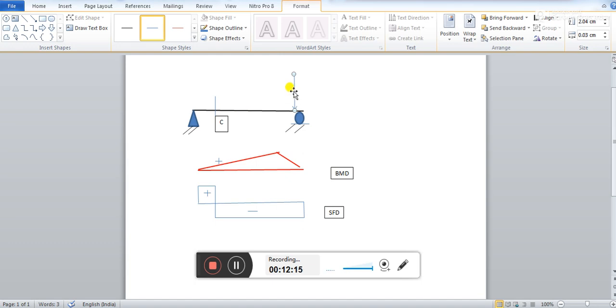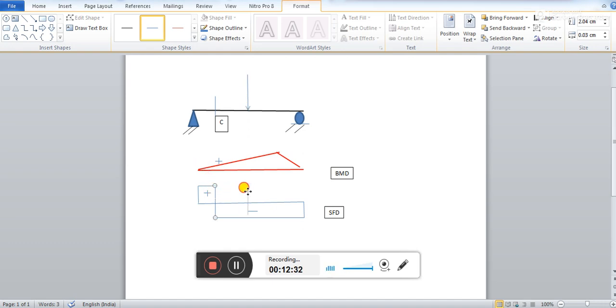Let's say when the load is placed over here, the shear force diagram will look like this. But when this load moves to here, what will be the shear force diagram? Can anyone tell? Midpoint, sir.